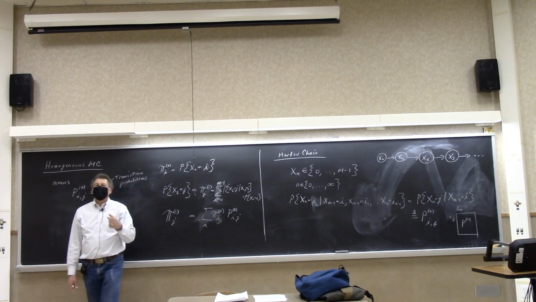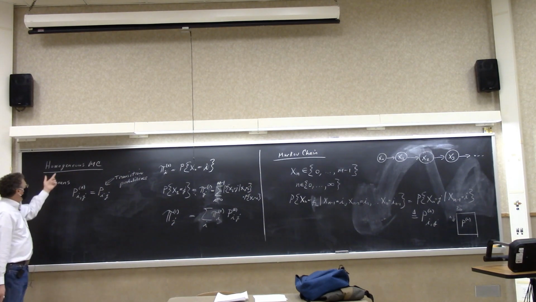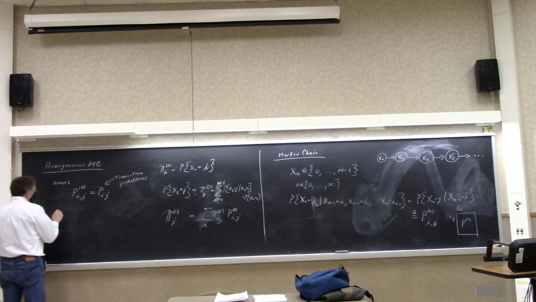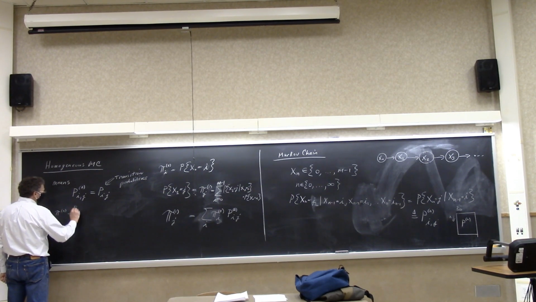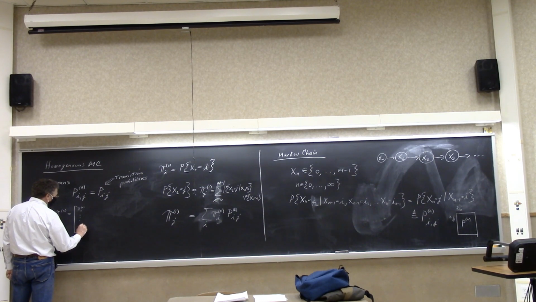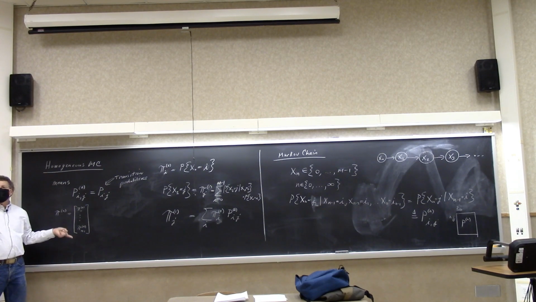Okay, so the question is, if it's homogeneous, are they a function of time? Well, let's see. If I define pi n to be equal to pi n 0 through pi n m minus 1, that's just the vector of probabilities.